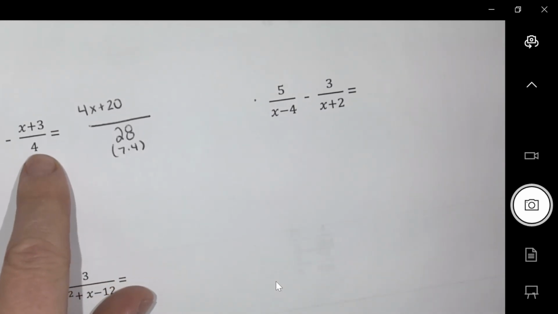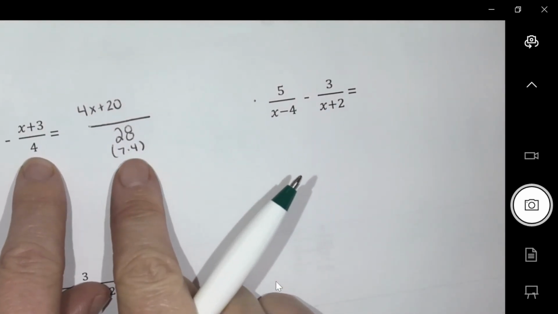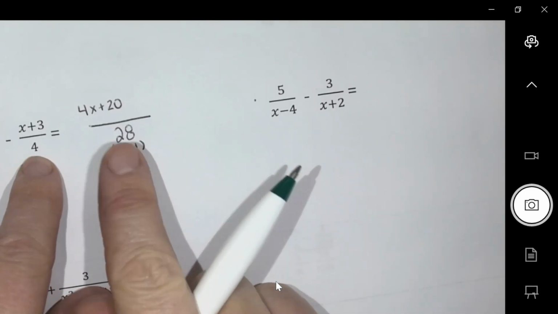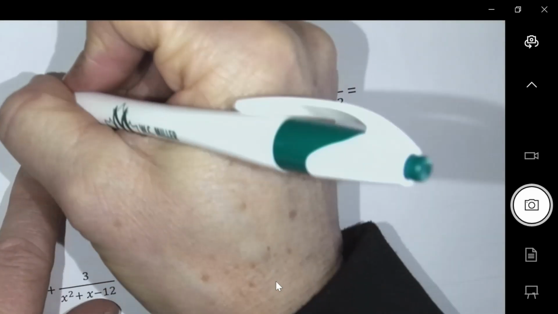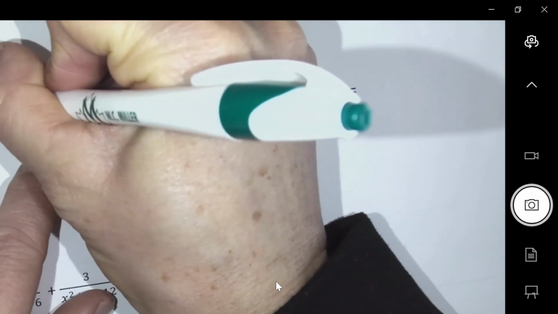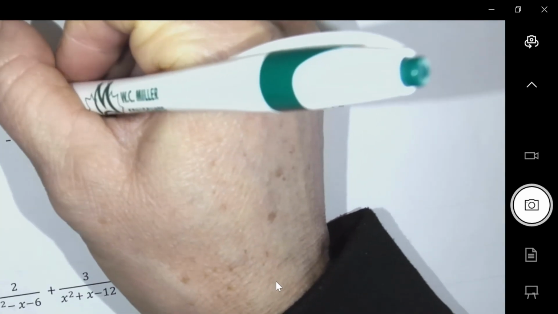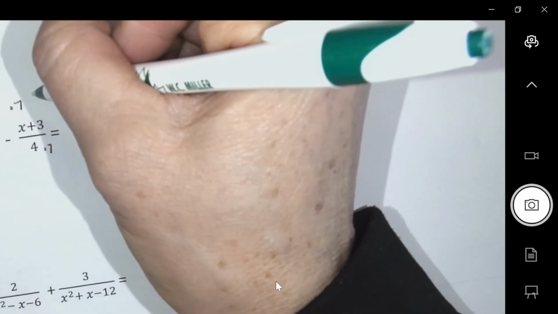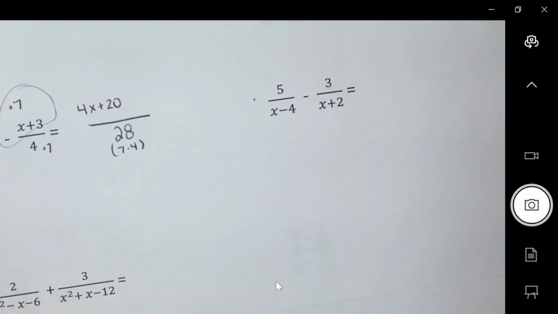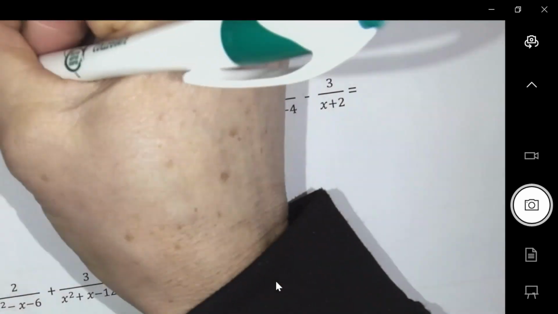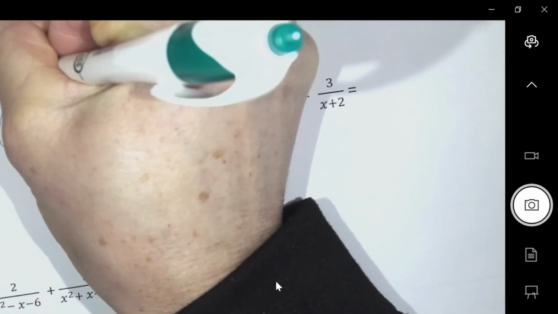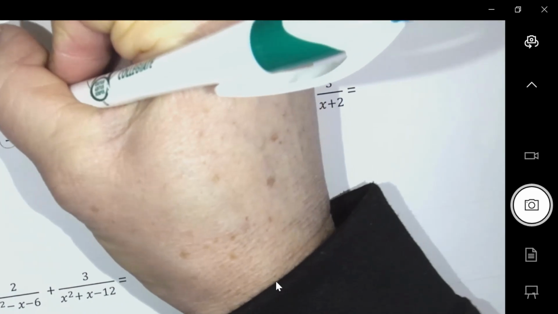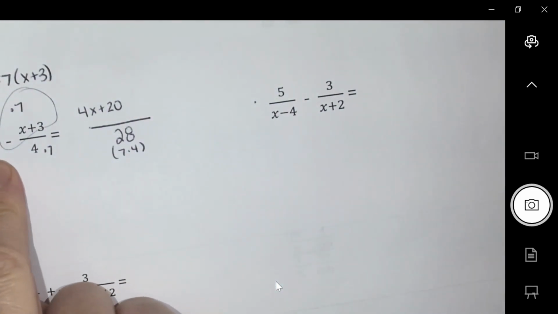Okay, let's look at this fraction. What did you do from this to this? You multiplied it by 7, so you're going to be multiplying by 7. Okay, here's what I want you to think about this. There's a subtract sign, so we're subtracting the entire thing that we're doing. So this is how you're treating it.